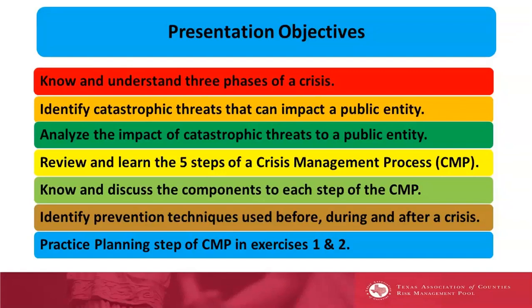We're going to identify prevention techniques used before, during, and after a crisis. And we're going to have a practice exercise for planning step number 1. Like I said, if we don't have the form, we can just go over the form and you can work on this exercise later on.